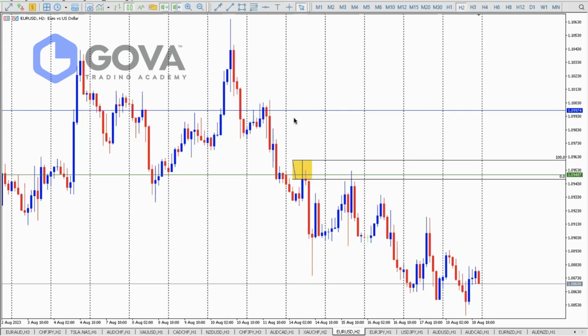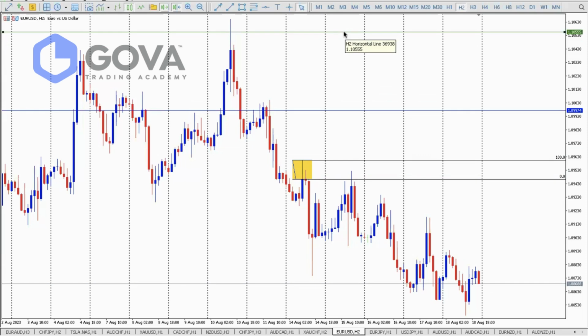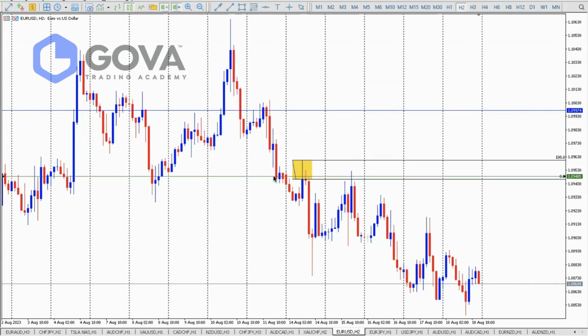So you can see the blue line is up and the green line is down. Whenever the blue line is up and the green line is down, that is a sell alignment, remember. But whenever the blue line is down and the green line is up, that is a buy alignment, which means we should only be looking for buy trades in a buy alignment, and only looking for sell trades in a sell alignment.